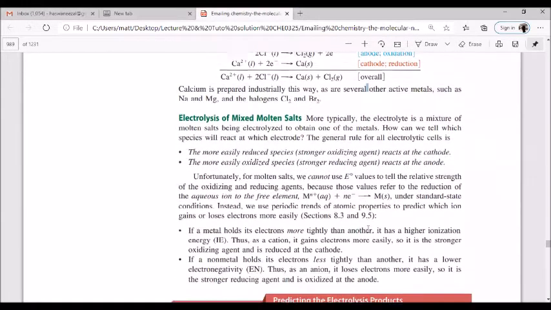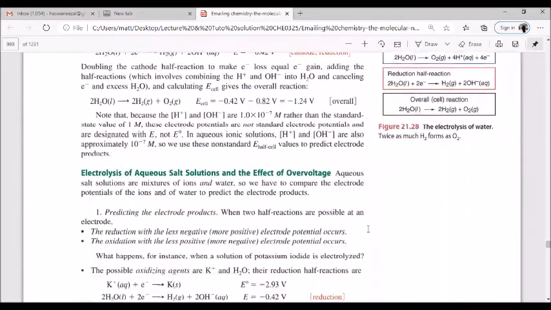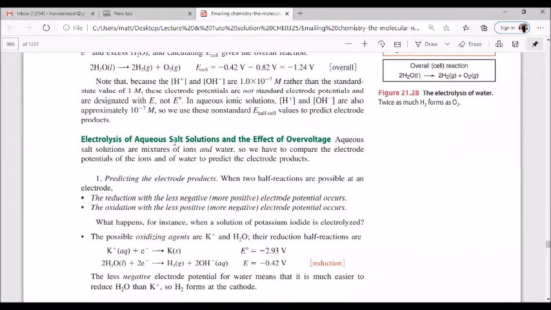So what if we do electrolysis on a salt solution? Electrolysis of aqueous salt solution and the effect of overvoltage. In aqueous solution, you have a mixture of ions and water. So we have to compare the electrode potentials of the ions and the water to predict the electrode products.